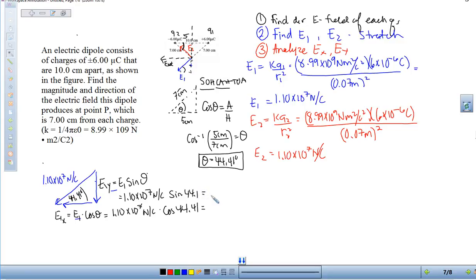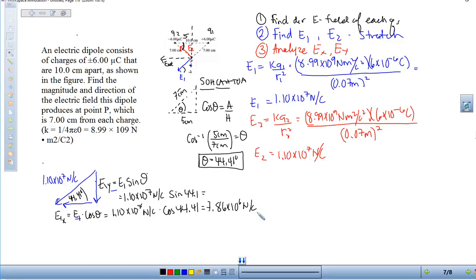So let's go ahead and solve these out. 1.10 e to the 7 times cosine 44.41, 7.86 times 10 to the 6 newtons per coulomb. Let's go ahead and do the next one.